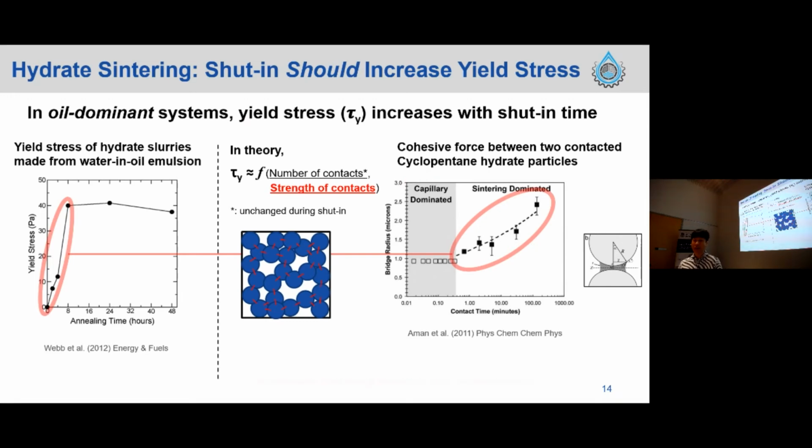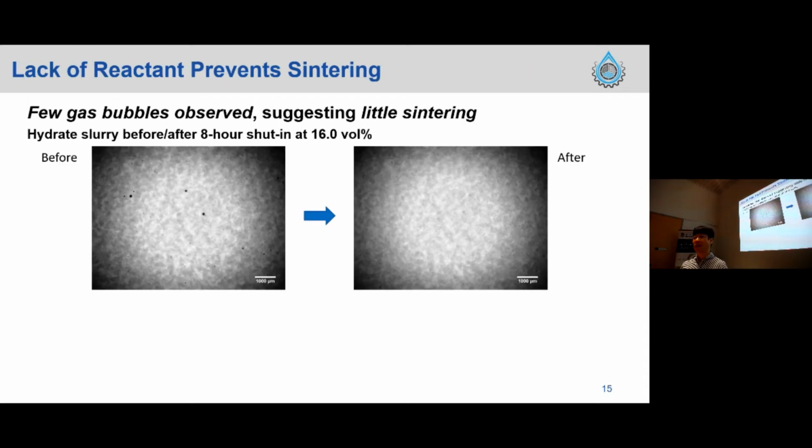This framework raises a question about our result: did hydrate sintering occur in our experiment? So I checked our result, and these are photos of hydrate slurries before and after 8-hour shut-ins at 16% of hydrate.